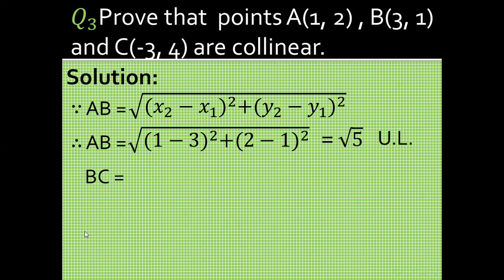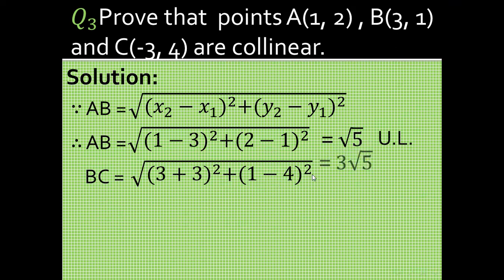And BC, root, if this (x1, y1), 3 minus negative 3, it means 3 plus 3 all power 2, plus (1 minus 4) all power 2 equals, by using your calculator, 3 root 5.